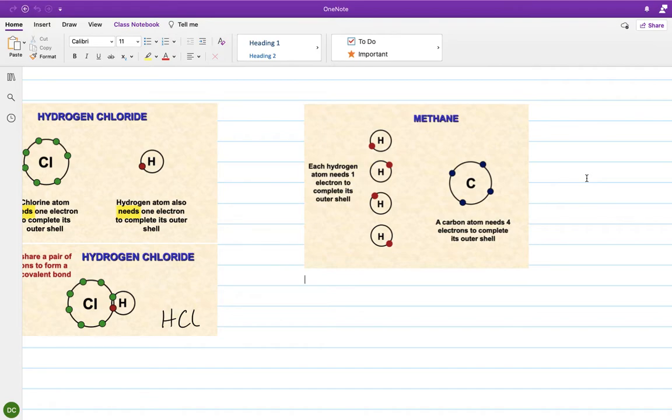So each one needs 1, this one needs 1, this one needs 1. Yeah, each one individually needs 1 to make up the outer shell, okay? And over here on the far side we have carbon. Carbon is in group 4 of the periodic table, so it needs 4 electrons to complete its outer shell.